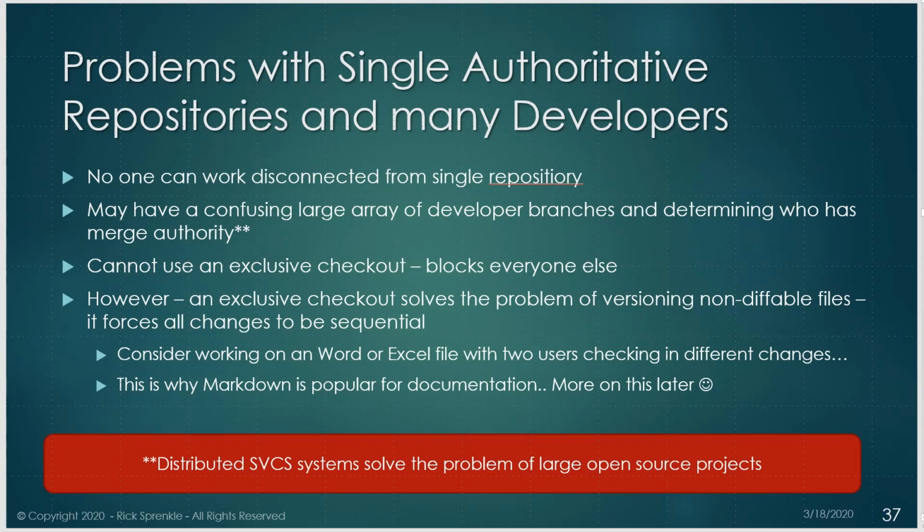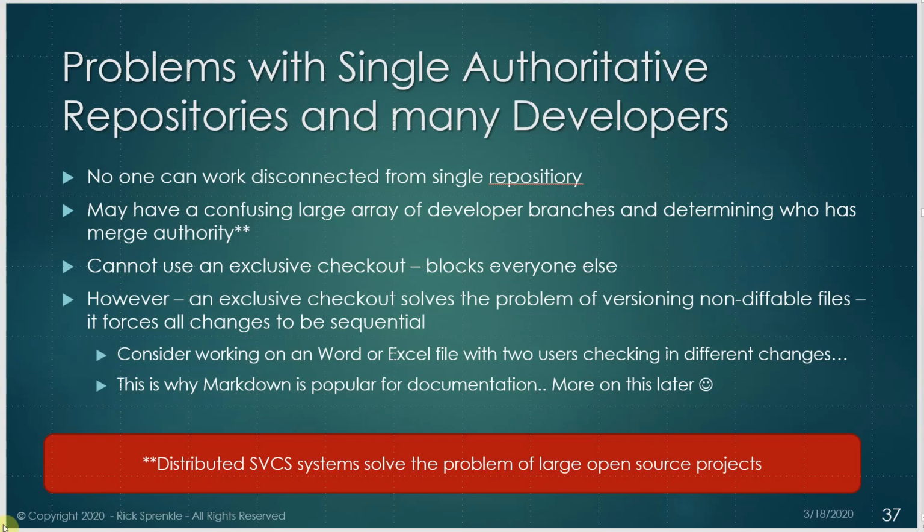So if you're working with binary assets, particularly images, that sort of thing, or other compiled code, an exclusive checkout system works because you can check out that file, update it, check it in, and you'll know exclusively what that version is. You don't have to worry about the inability to merge.